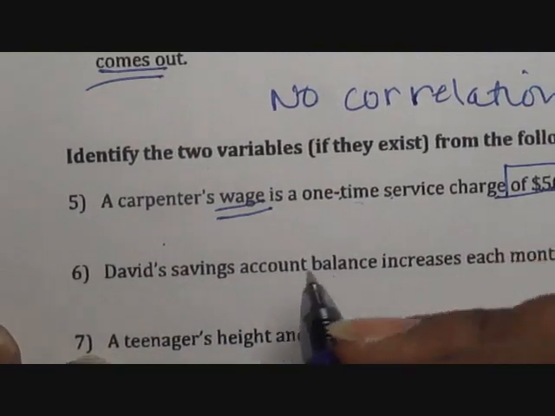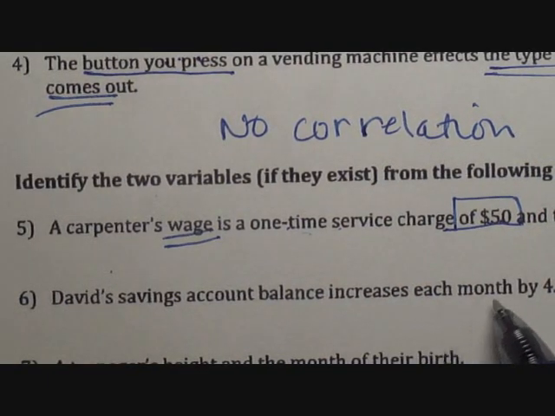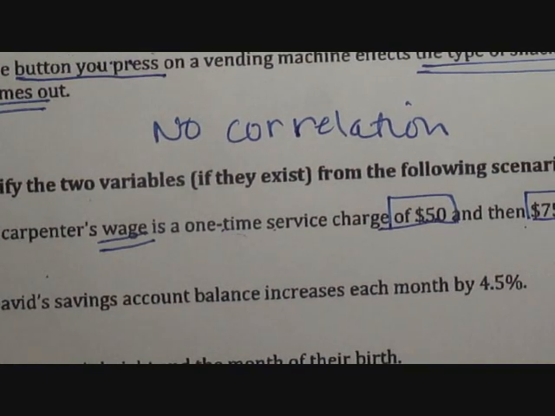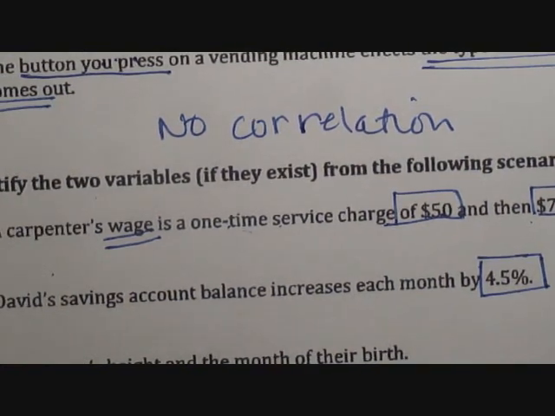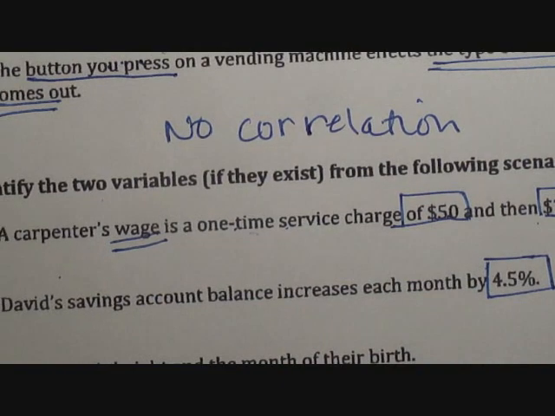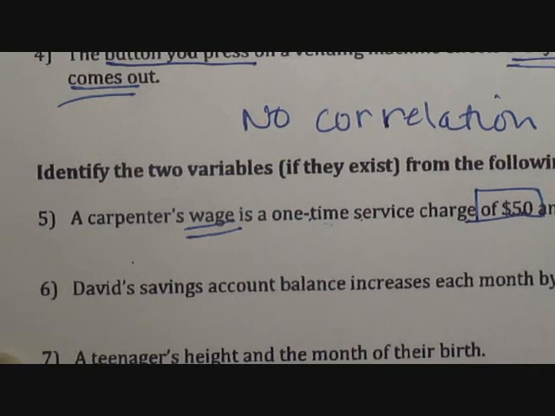Go ahead and try number 6 together. David's savings account balance increases each month by 4.5%. Again, this is a number, and it's real easy to jump towards those numbers in math, but that's not the case here. That's not a variable. That percentage amount will not likely change. It won't change.